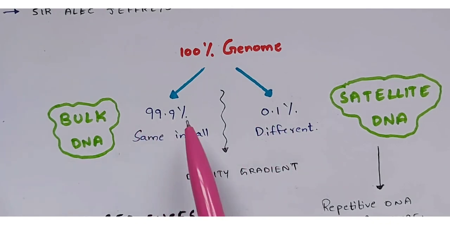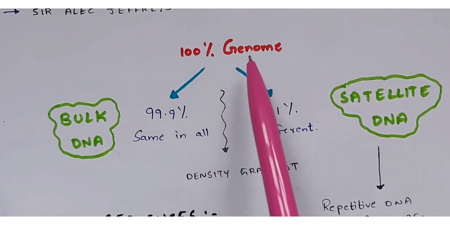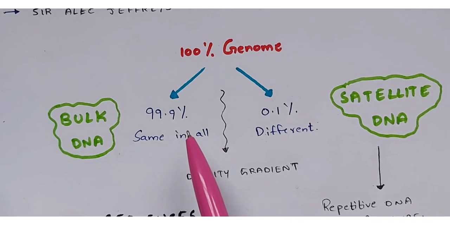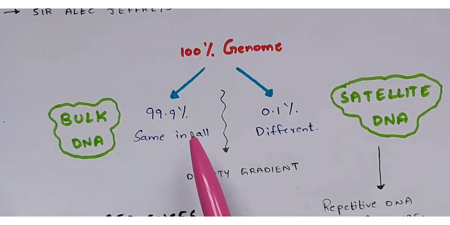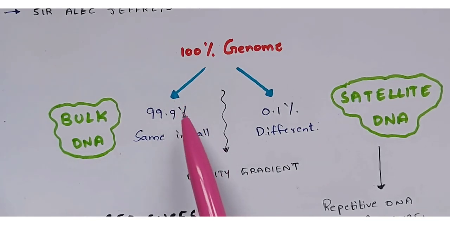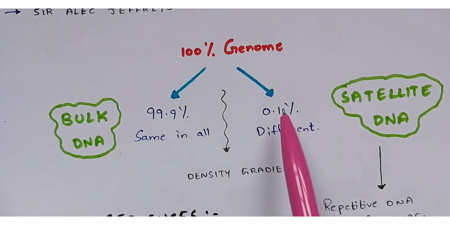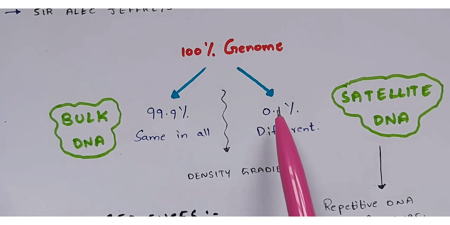So 99.9% of the genome will be the same in all kinds of humans, either in you, in me, or any other people, whereas 0.1% of the genome will be different in all humans.